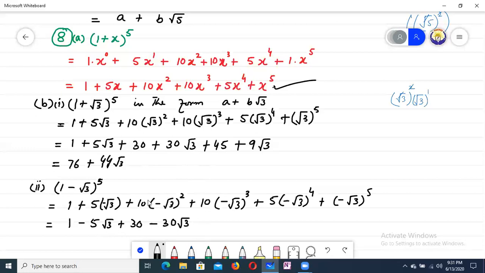Here in this term and this term everything is the same, but where the power is odd, a negative sign will be there. Where the power is even, negative turns into positive. Here with the even power it will be positive, and 5 into square root 3 raised to the power 4 will be 45 like this.